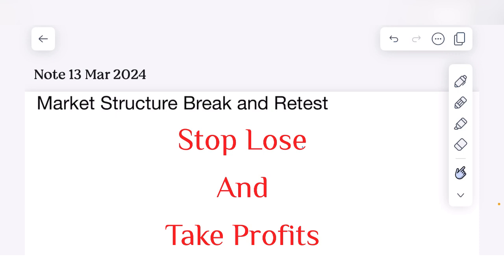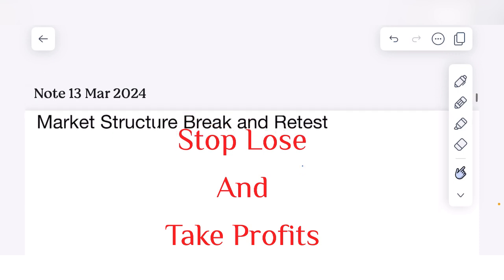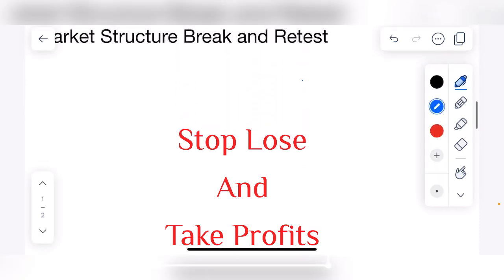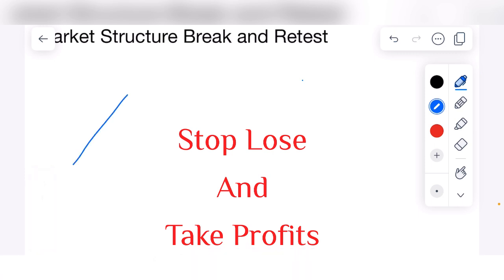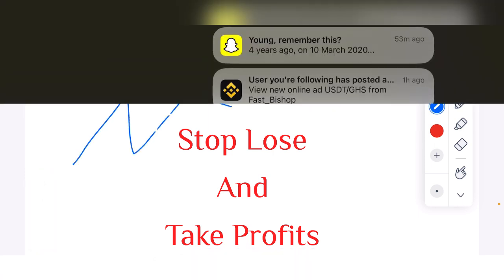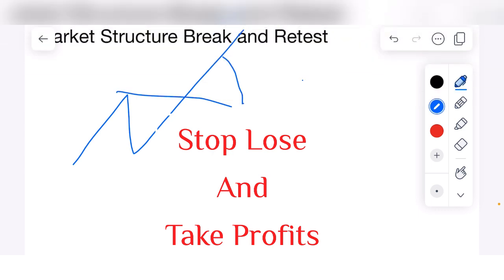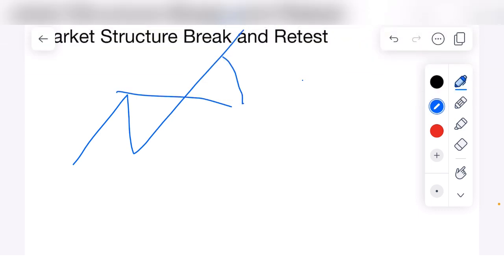So we are in the bullish trend, right? Let's use a bullish trend for the example. It breaks, comes back to retest, and then you see a confirmation, which is double bottom confirmation, and then you take a trade here.